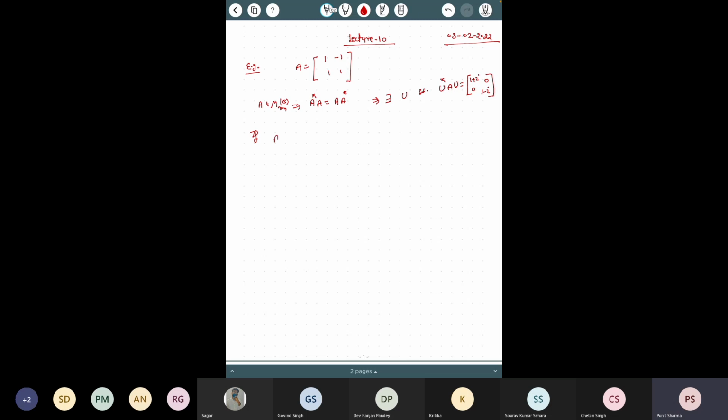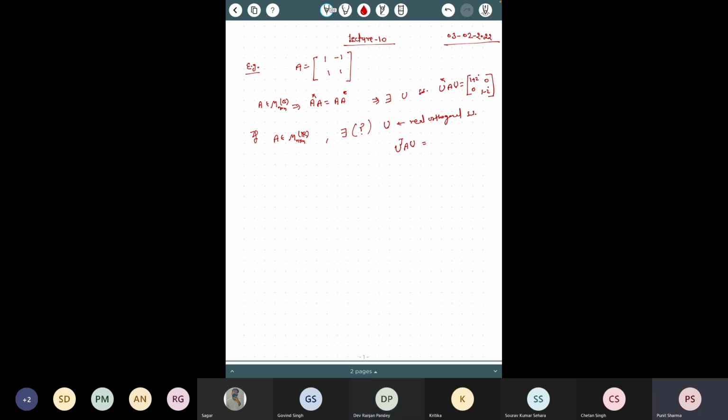Now if you consider the same matrix A over R, can you say that there exists a real orthogonal matrix U such that U transpose AU is diagonal? What is your answer? No, sir. Why? Because if U is real and A is real, then the product of these matrices cannot be complex.